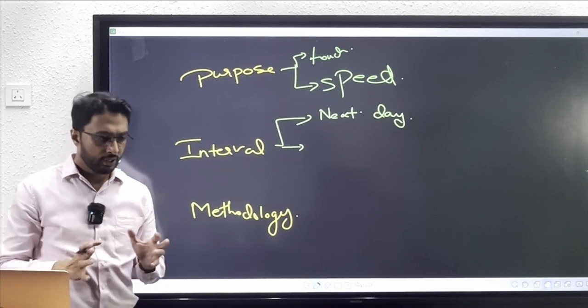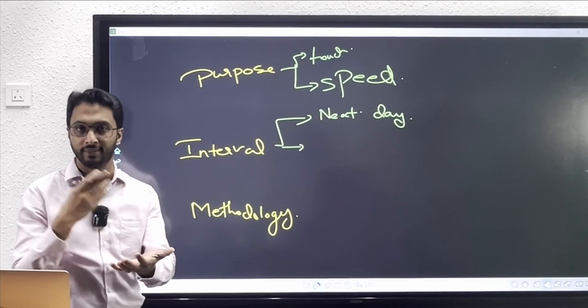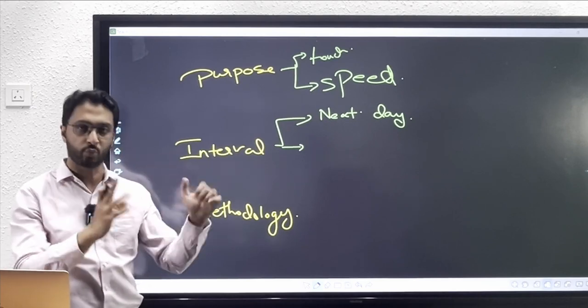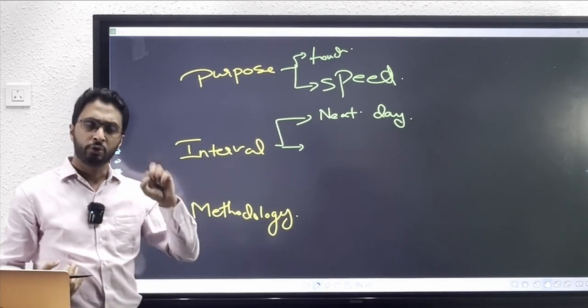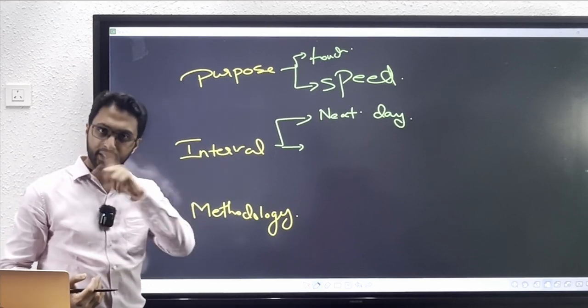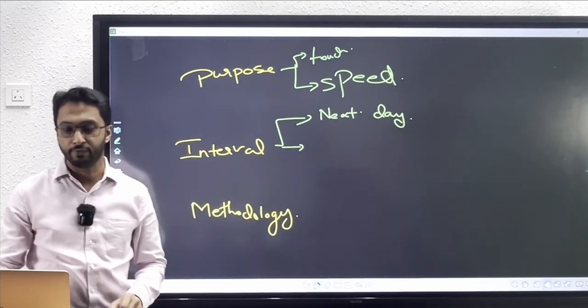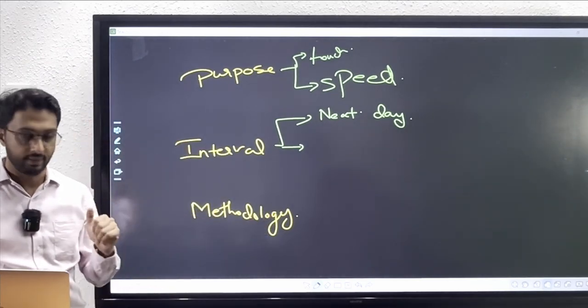It's not that you are going to sit and learn everything, just turning around the pages of what you have done the previous day. Now the purpose is definitely to tell your brain, see, I have learned something yesterday, don't delete it. That's the only purpose.